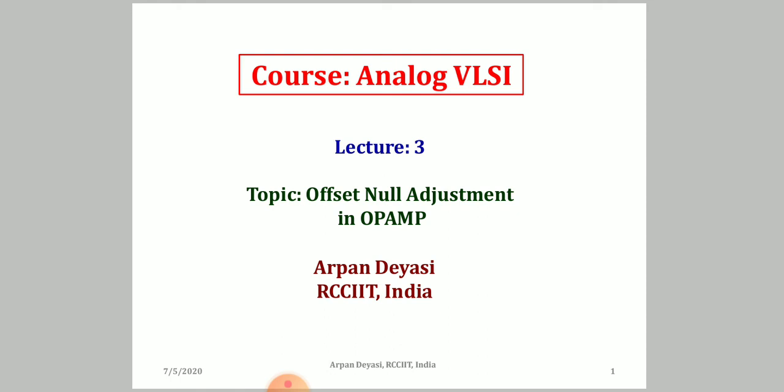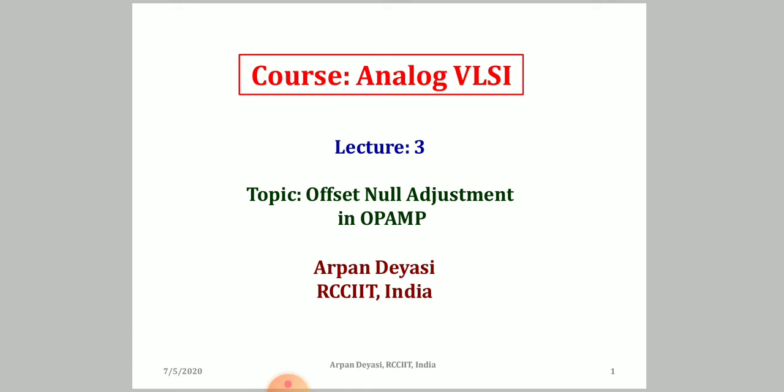So far, in the first two lectures, we have briefly discussed what an OPAMP is, the concept of virtual ground in a differential amplifier circuit, and the different functional blocks of the operational amplifier, what their functions are, and how they are correlated.